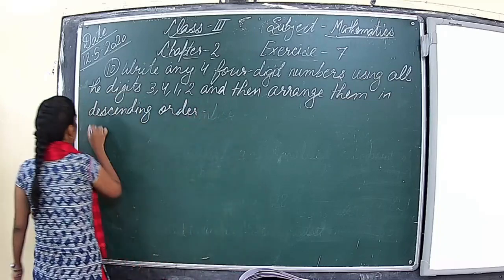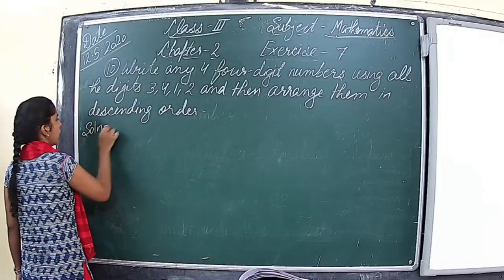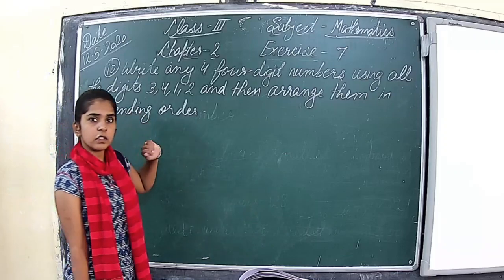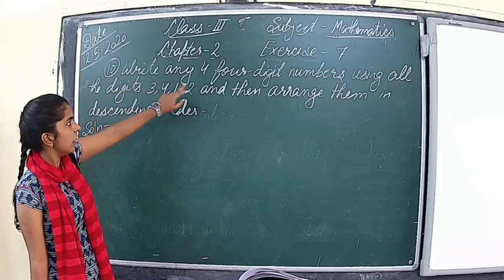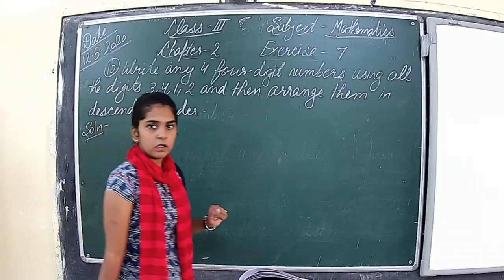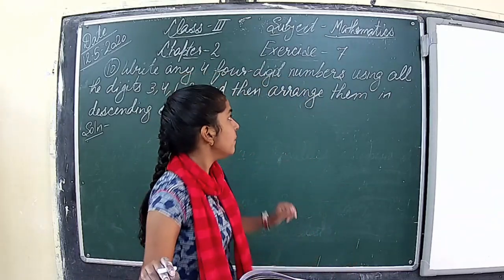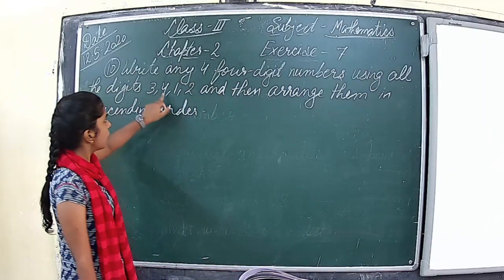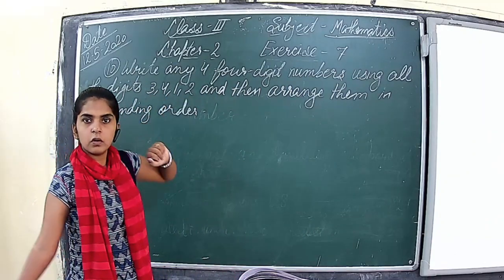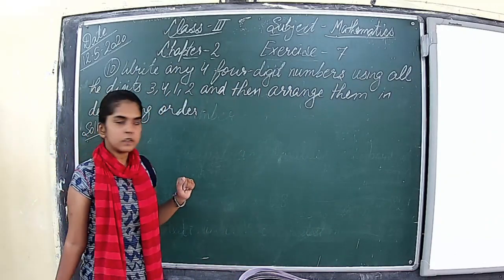Okay, so let us see how to solve this question. Let us read the question again. Write any 4-digit numbers. It means we want to form 4-digit numbers. Okay, and the digits are 3, 4, 1 and 2. So these are the digits.